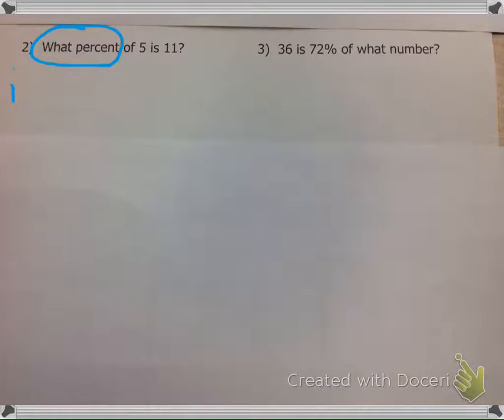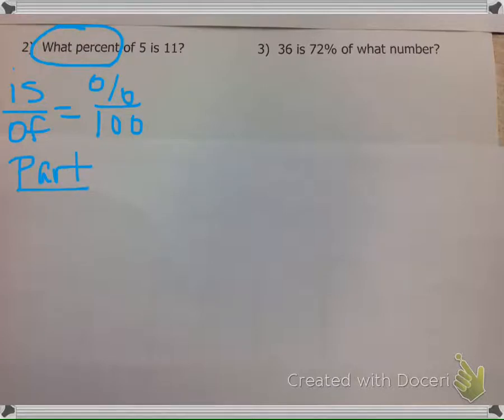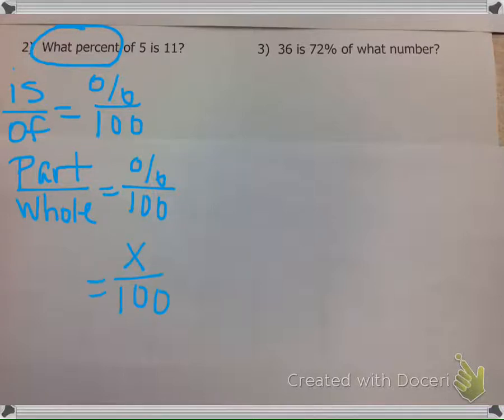Okay, so you're going to use is over of, or you could think of it as part over whole equals percent over 100. Part over whole equals percent over 100. Okay, and it says what percent. So do I know the percent? No, I'm going to throw in my x right there because that's what I'm looking for. And I have of 5 is 11.